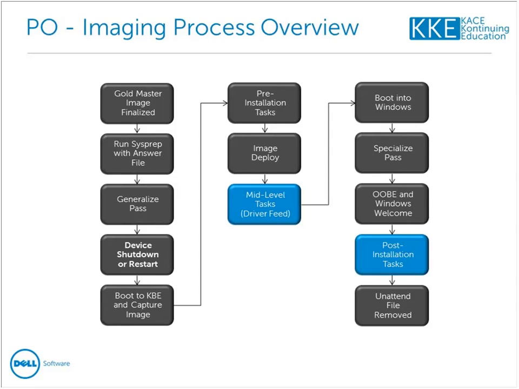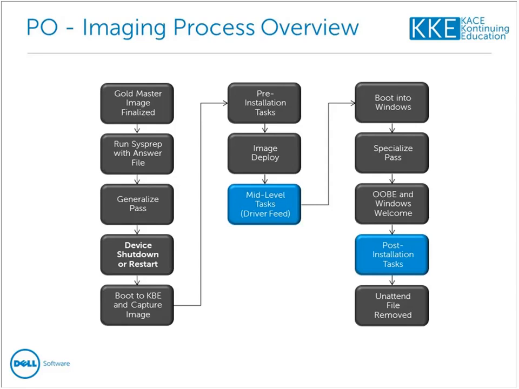And in that deployment phase, if you were here last week with the SysPrep KKE, we kind of broke down the SysPrep process and how it fit into the overall imaging process.